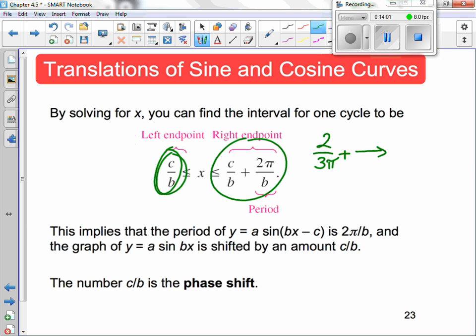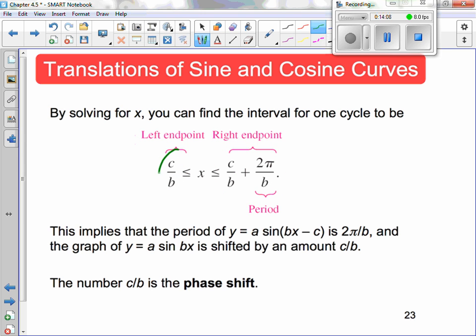Well, we also have to talk about the movement to the other side. That's a little confusing. So if we said this was our original point, and we moved it over to the right, c over b. Well, the period, how much it repeats itself, right? I have to have it from there to where it repeats.